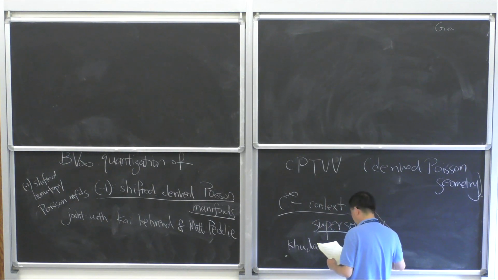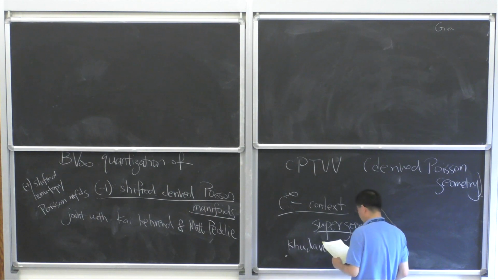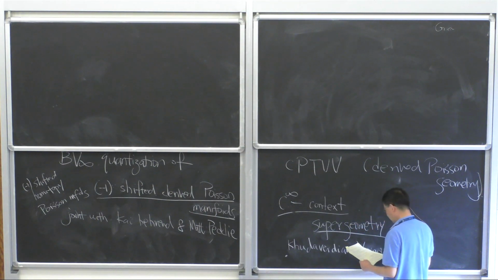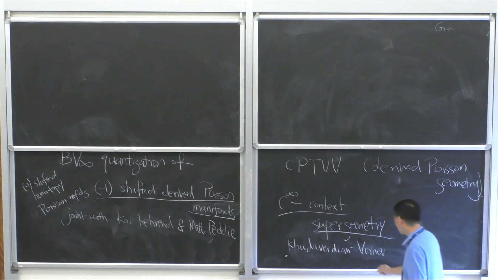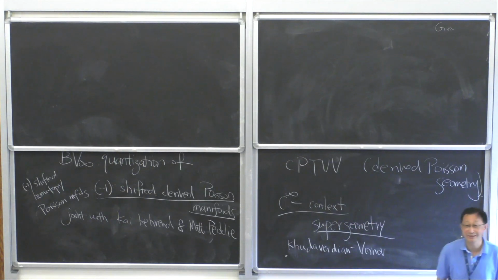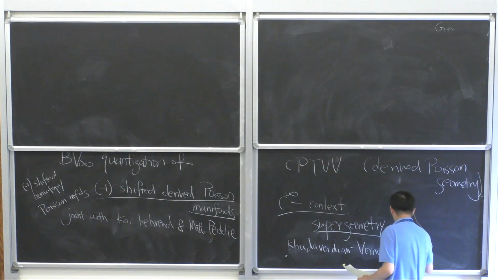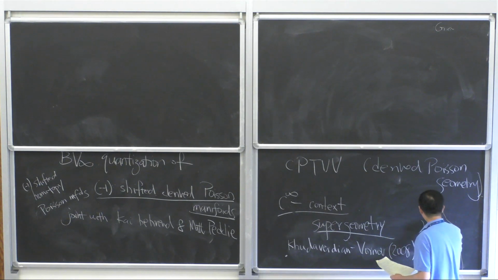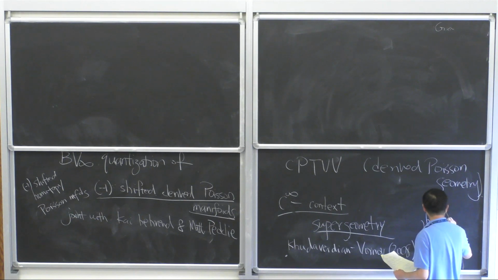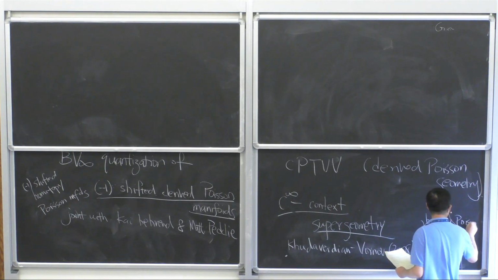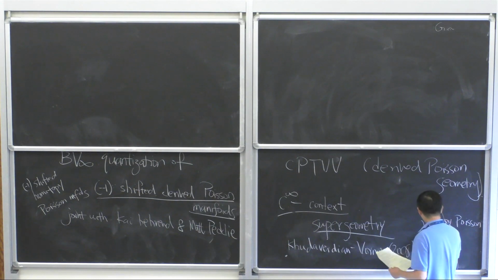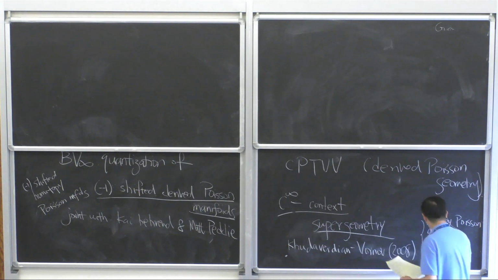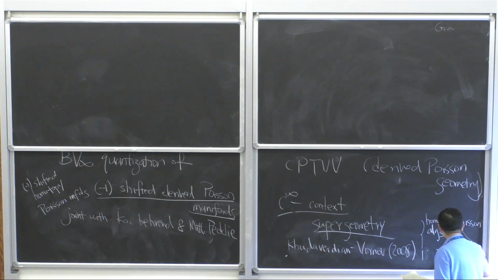Around 2008, they introduced so-called homotopy Poisson algebras, and also homotopy Schouten algebras.